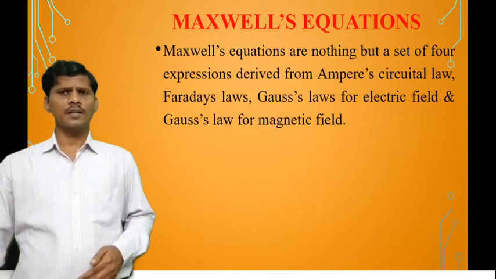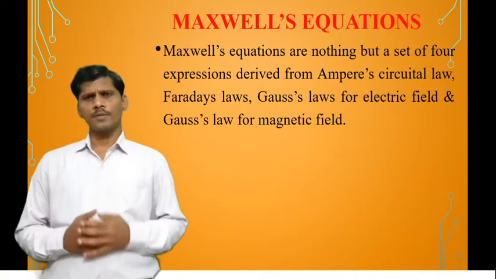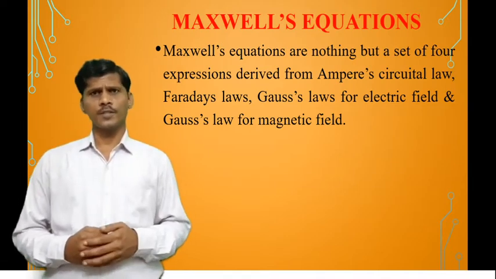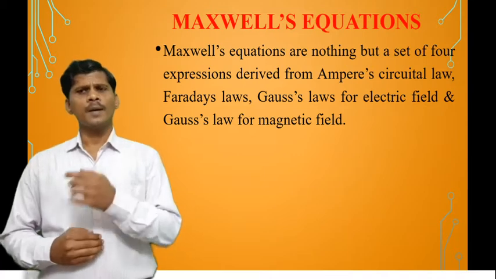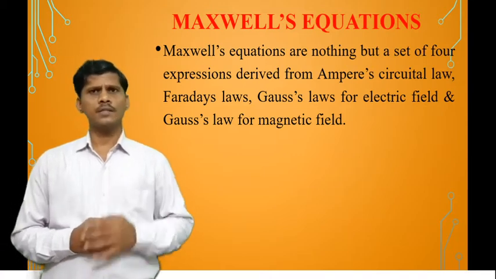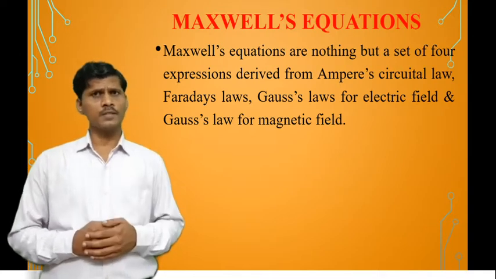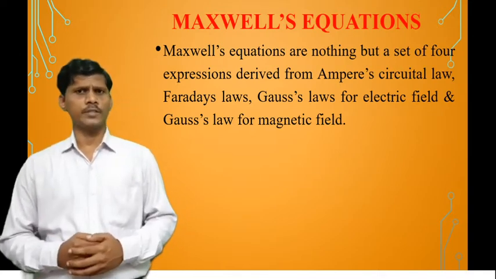Maxwell's equations are nothing but a set of four expressions. They are derived from Ampere's circuit law, Faraday's law, Gauss law for electric fields, and Gauss law for magnetic fields.